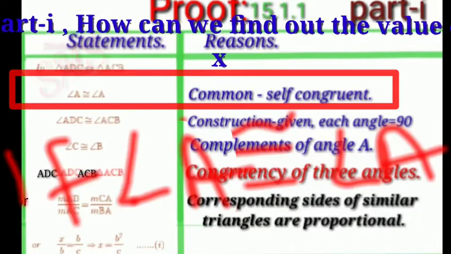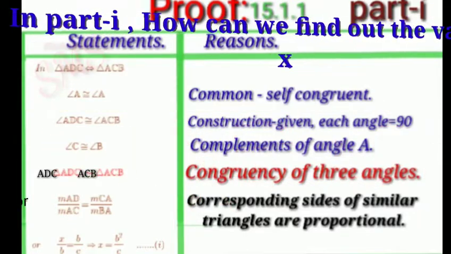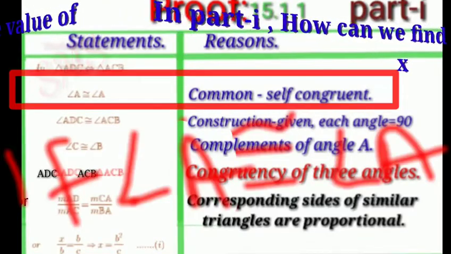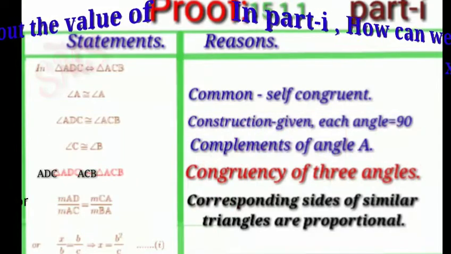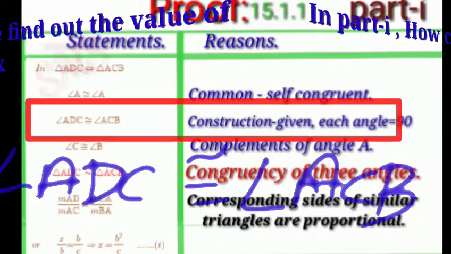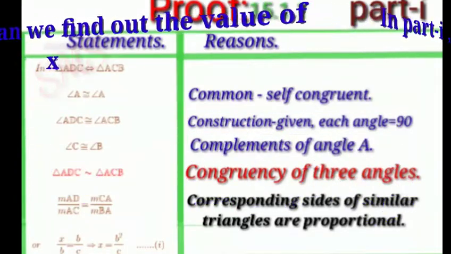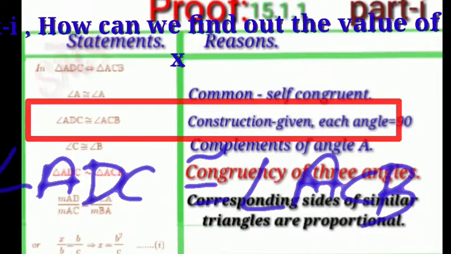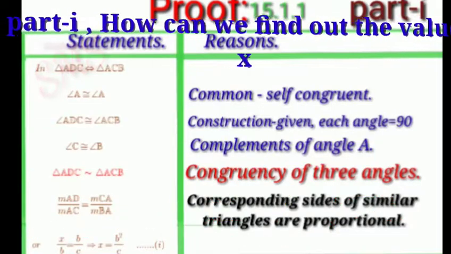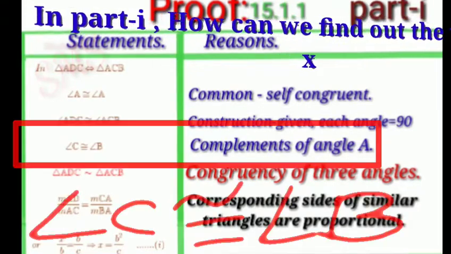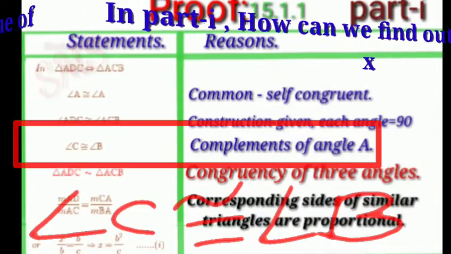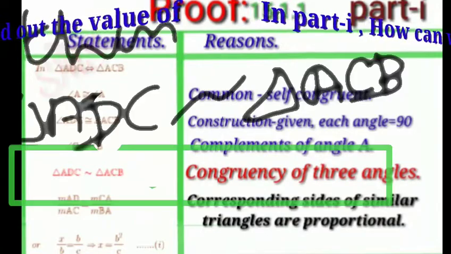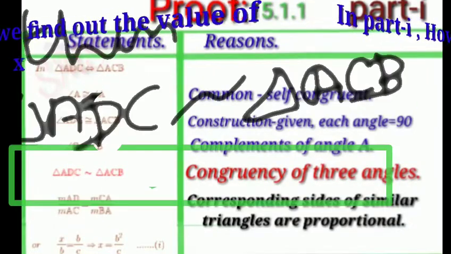In corresponding triangles, triangle ADC is similar to triangle ACB if angle A is congruent to angle A, angle ADC is congruent to angle ACB, and angle C is congruent to angle B. Then these two triangles are similar.